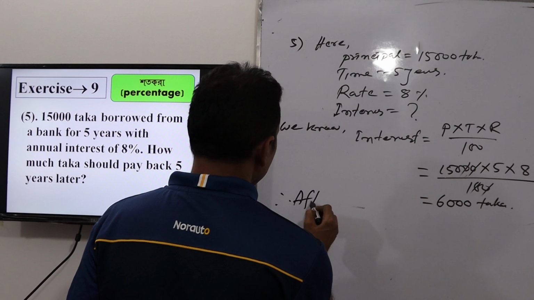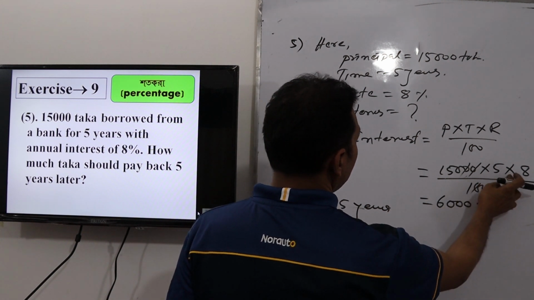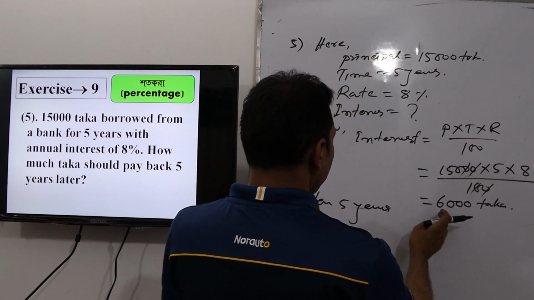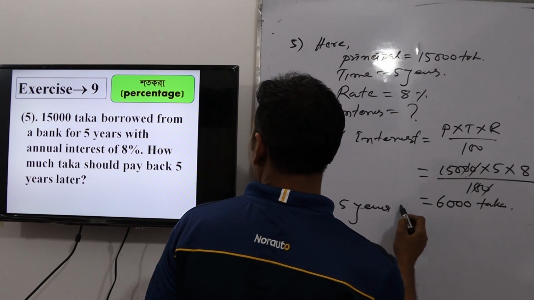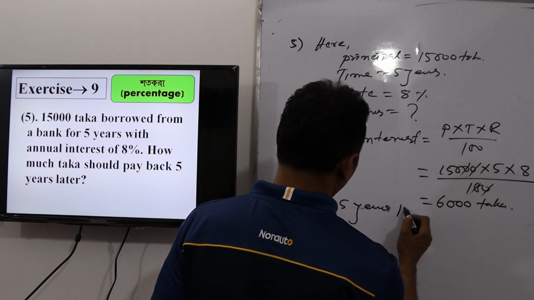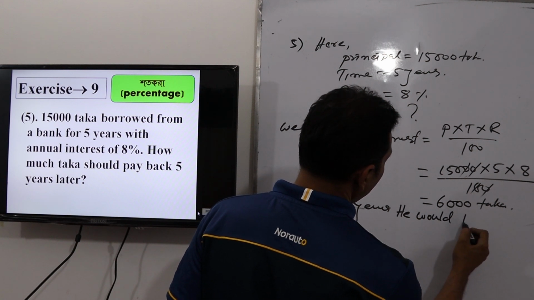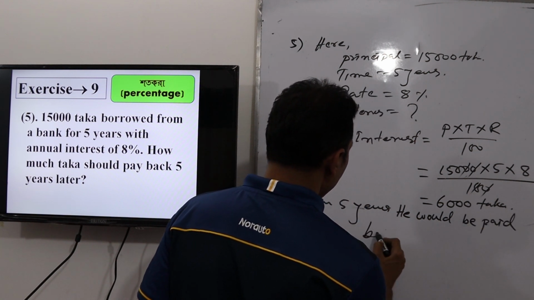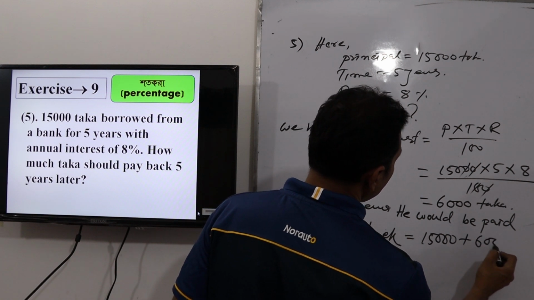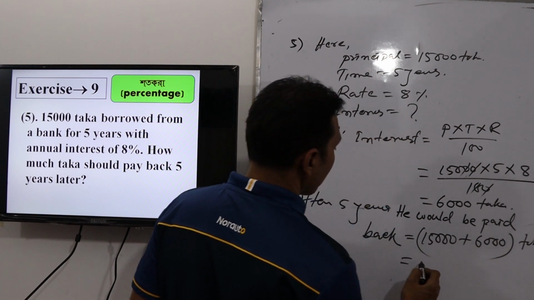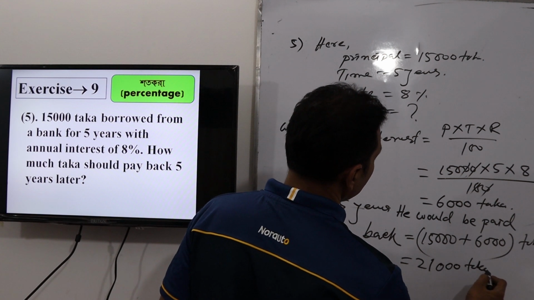Therefore, after 5 years he would pay back the principal plus interest, that is 15,000 plus 6,000, which equals 21,000 taka.